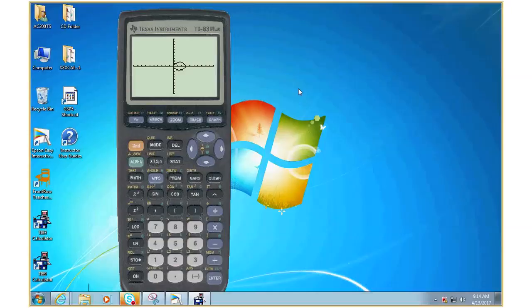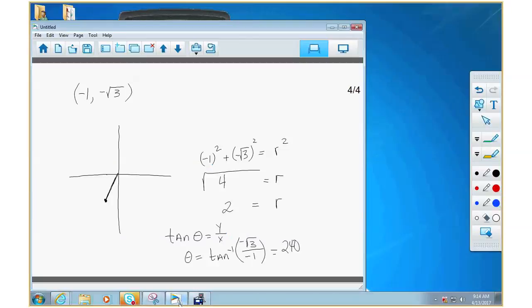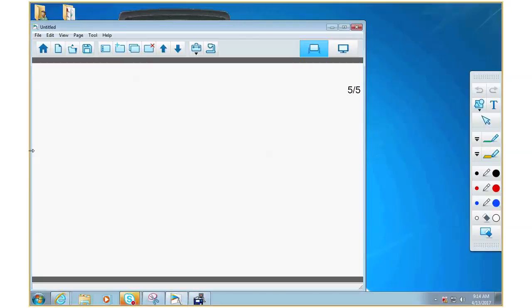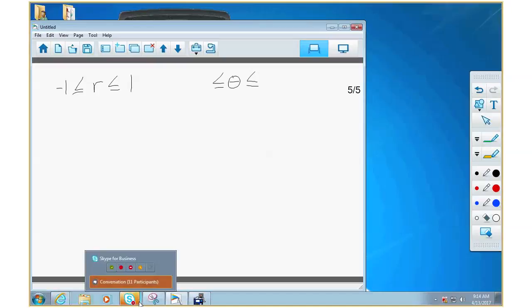And here's another example of one you might see on the homework or the test. Graph when r is between -1 and 1, and theta is between pi over 4 and 3 pi over 4.